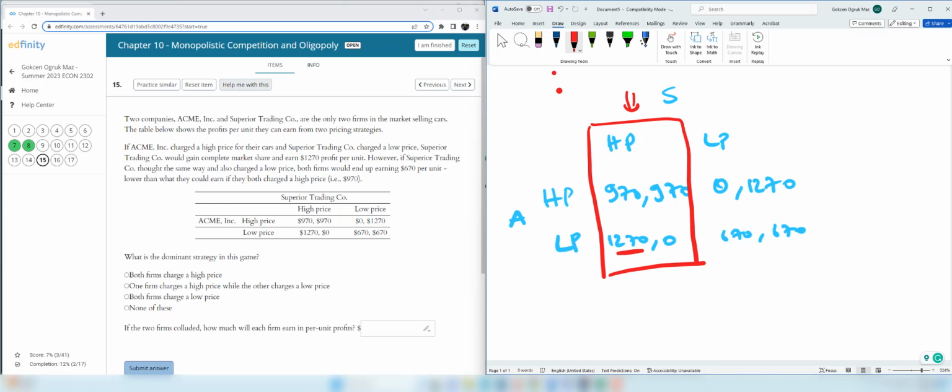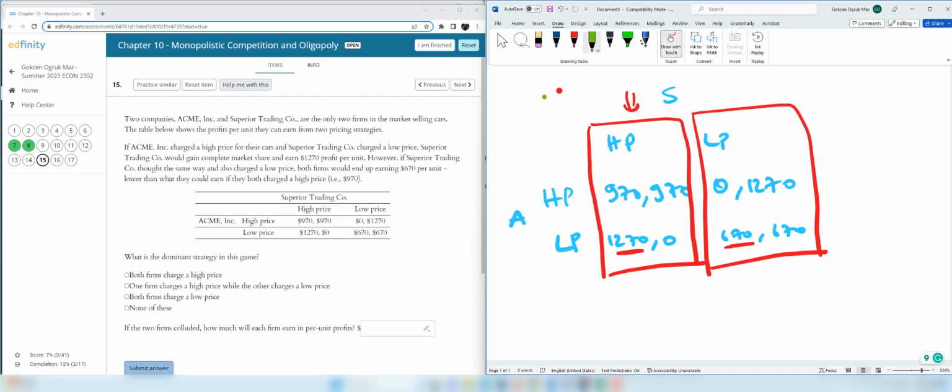Now if Superior plays this column, low price, we again need to find the best response of Acme. Acme can choose high price and get 0, or Acme chooses low price and gets 670. So we played Acme and found the best responses for each strategy Superior has.